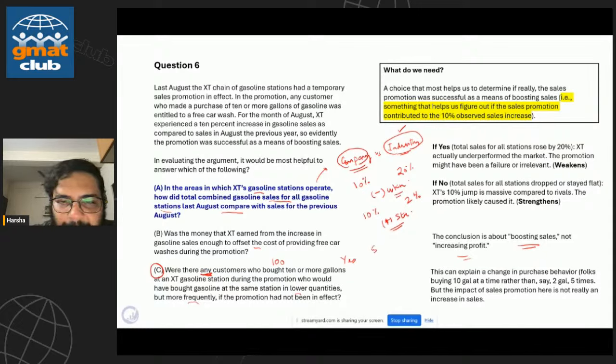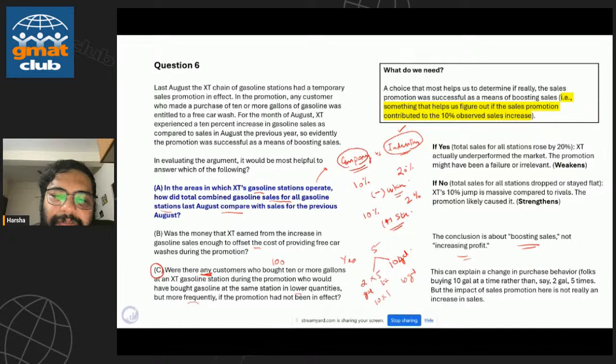There are 5 people who earlier used to buy 2 gallons at a time, 5 times. End of the day, they used to buy 10 gallons in total, right? Now, these guys are directly buying 10 gallons at one time.